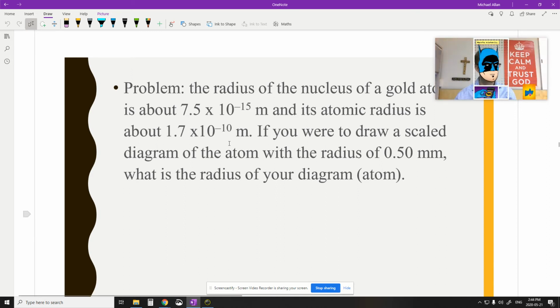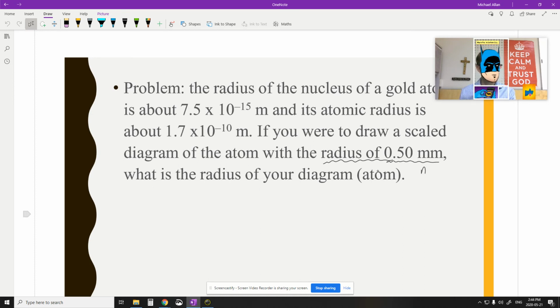If you were to draw a scale of the atom, what if I were to draw the nucleus as 0.5 millimeters in size?